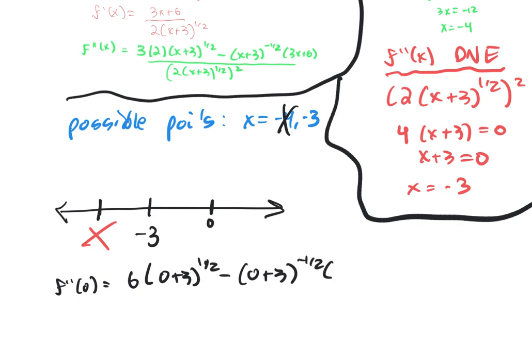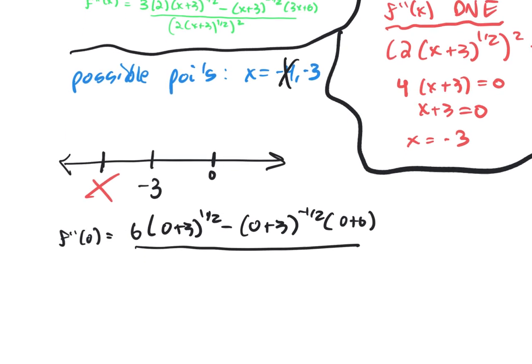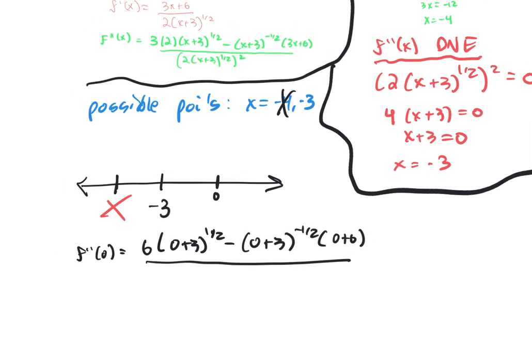And so 3 times 0 would just be 0 plus 6, all over 2 times (0 plus 3) to the 1/2, squared. So you can use some of the simplifying that we did to find those possible points of inflection to assist with this. And 0 is obviously a little easier number to plug in here than others.